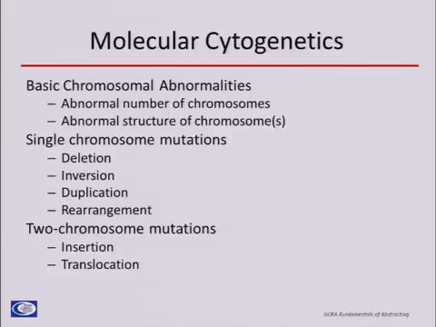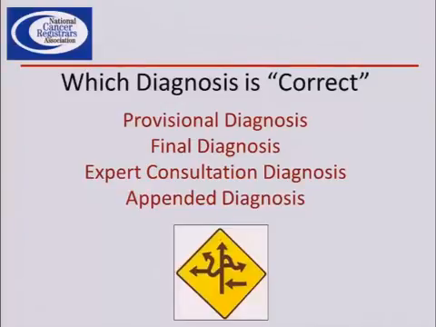Inversion, so they can switch. Duplication, so you have 2 copies of a gene instead of 1. Or they can be rearranged. If there are 2 chromosome mutations, that's when you have the translocation like the BCR-ABL. And I may have a picture of BCR-ABL in here, but I might have taken it out. This is where we are a lot of times as registrars, right?